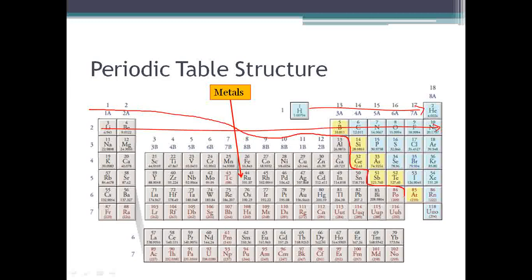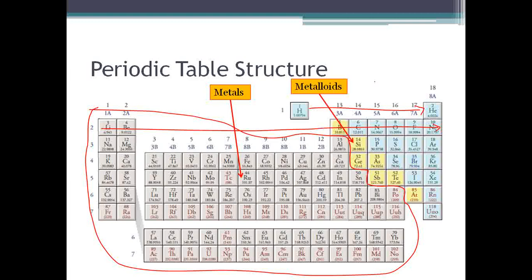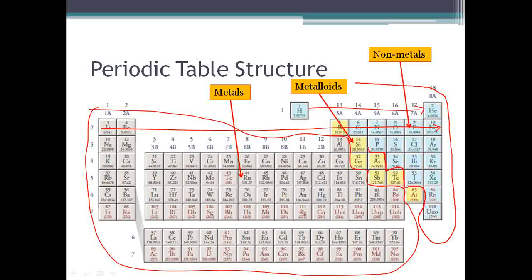So all of those elements there are metals, and leave metalloids for the moment. And the other group I just want to point out to you are the non-metals. There they are there, and they're everything to the right of that yellow cluster.